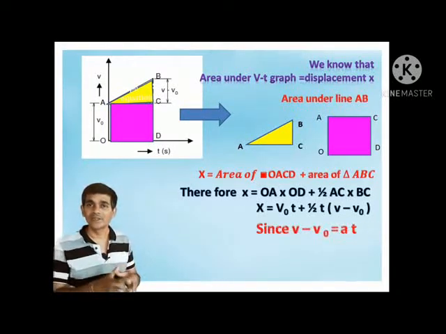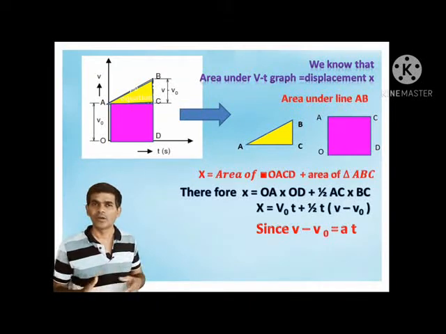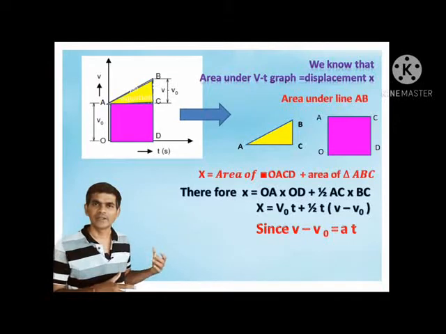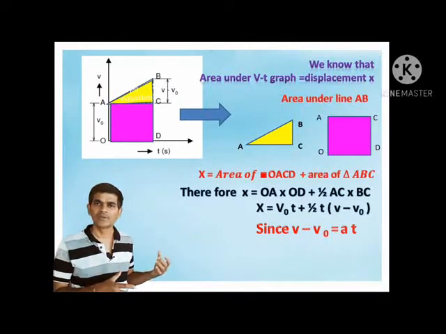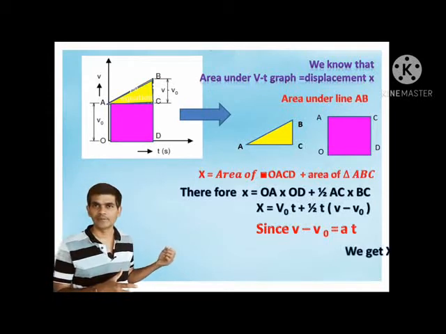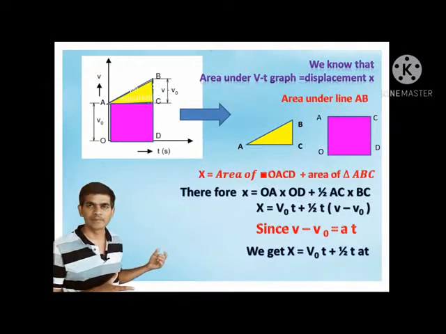Now we have to rearrange this equation. We already know from the previous derivation that acceleration a is equal to v minus v0 divided by t. Let us substitute that here. So v minus v0 I write as at, that is, v minus v0 is equal to at in the equation.